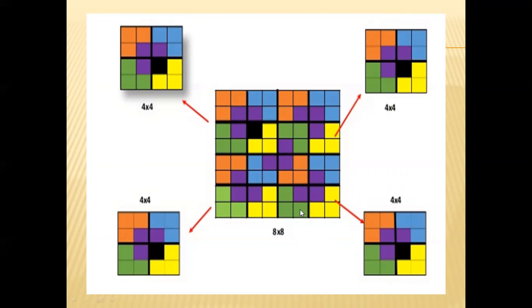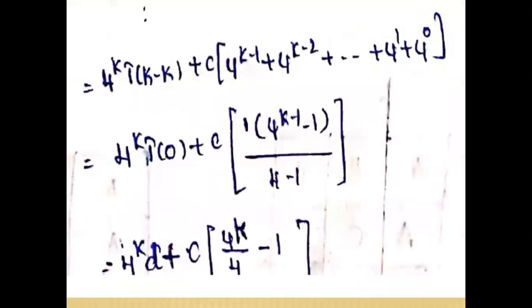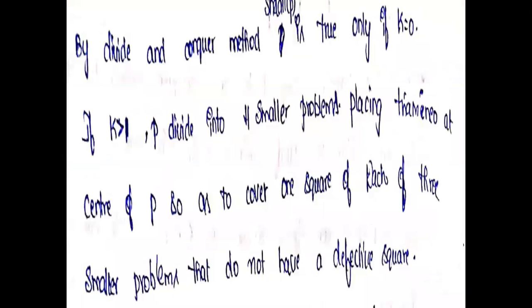In overall, only one chessboard has a defective square. For example, in a 4 by 4 chessboard, the first square or the second square has the defective square. So any problem is divided into sub-problems, four sub-squares.